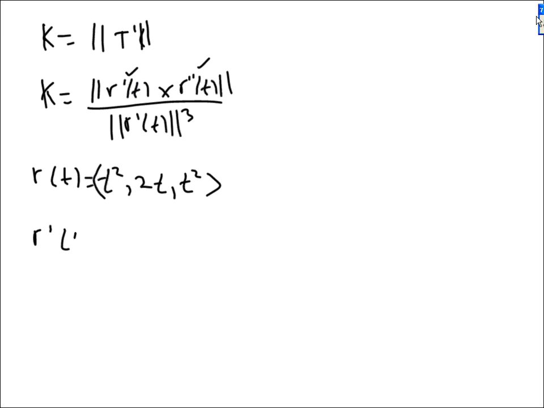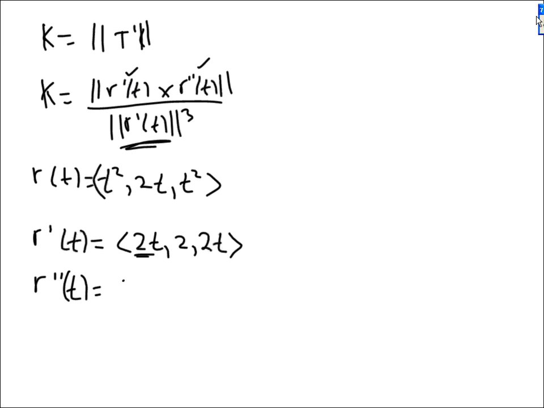R prime of t is 2t, 2, 2t, and we need the length for the bottom. We also need r double prime. R double prime of t is, the derivative is 2, the derivative is 0, the derivative is 2. And like I said, we need the length of r prime.